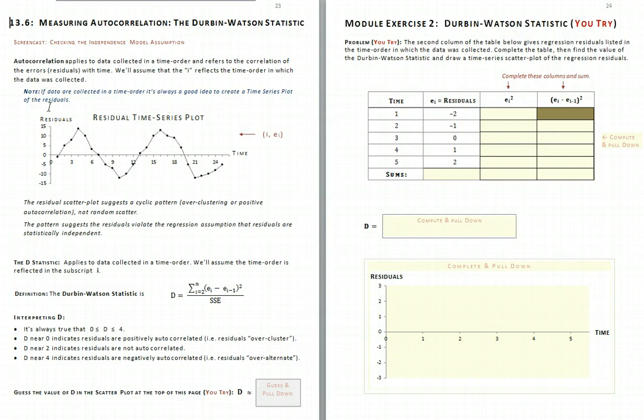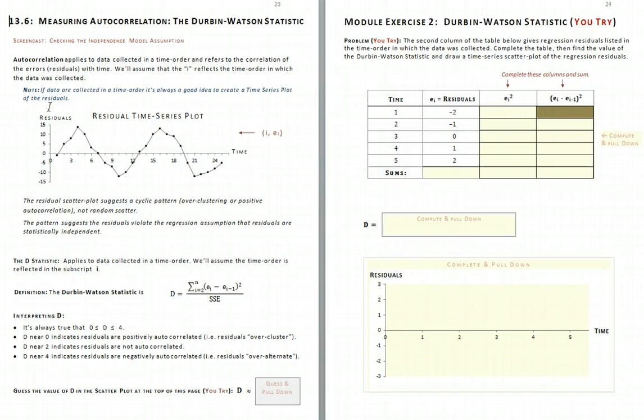A residual scatter plot showing random scatter, that is, no pattern, favors the conclusion that the independence assumption is okay.